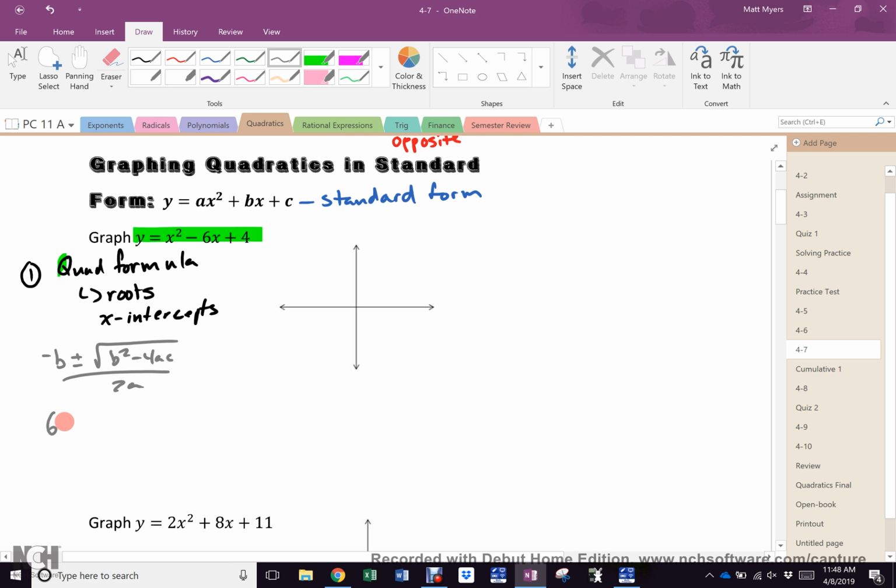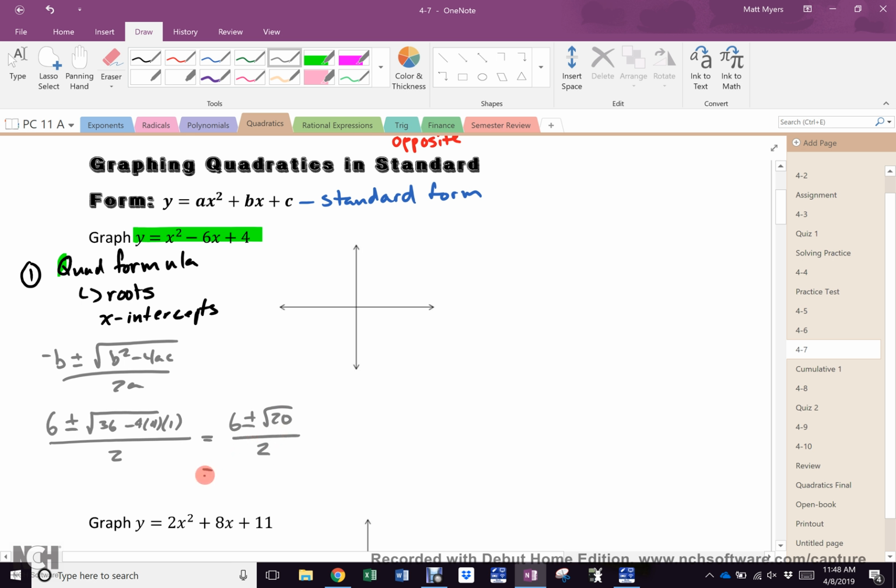It would be 6 plus or minus the root of 36 minus 4 times 4 times 1, over 2. Yeah? Right? Which would get us 6 plus or minus the root of 20 over 2.